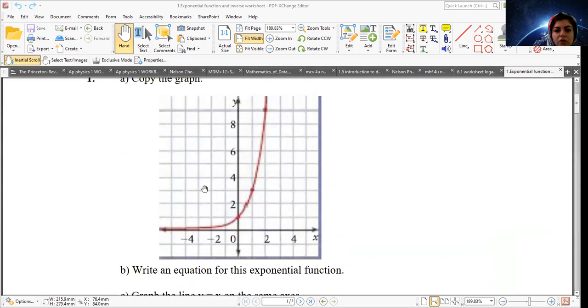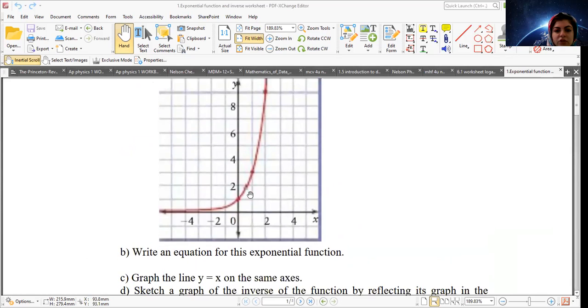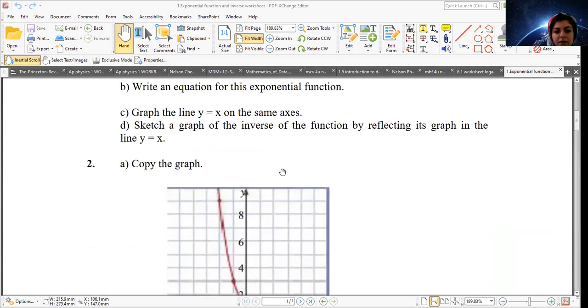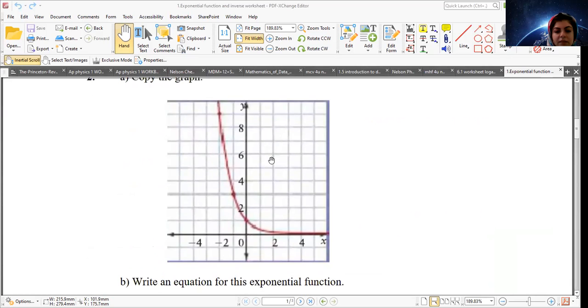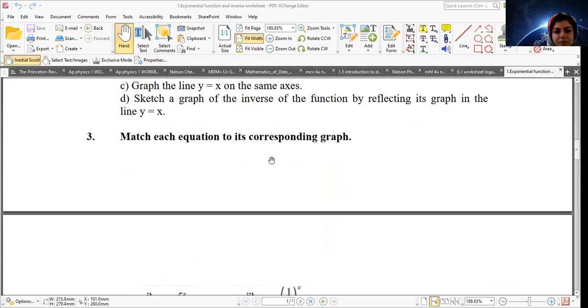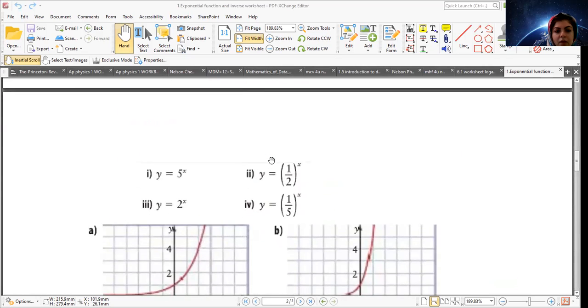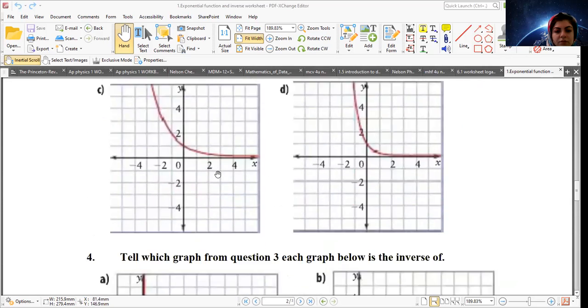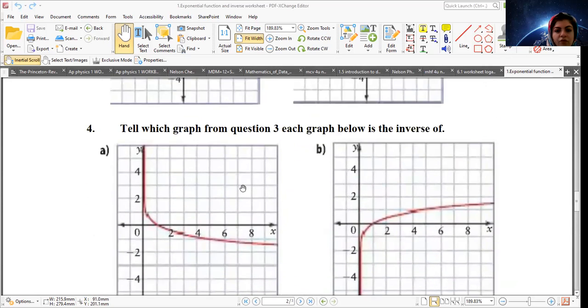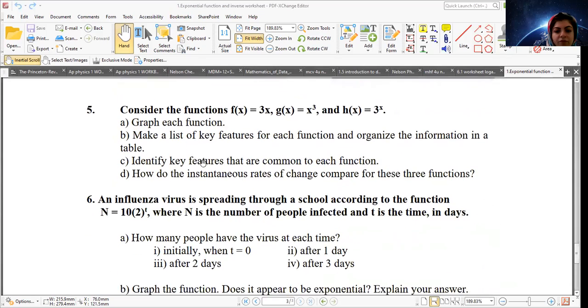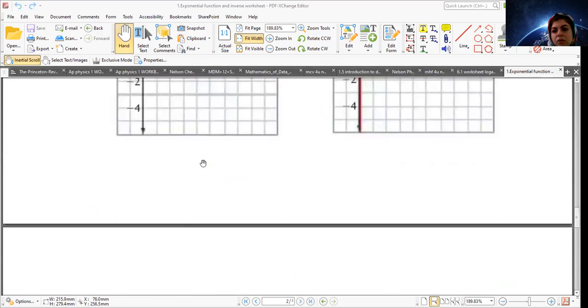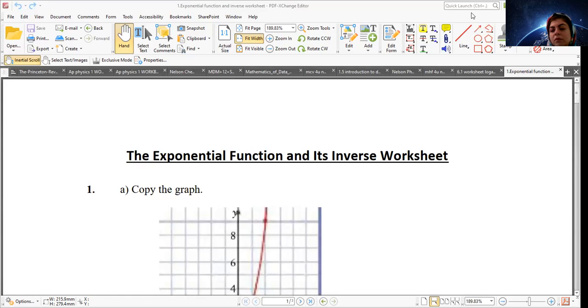You need to find the inverse of that. Just take a point and switch x and y, graph it, and then you need to give me the equation of the graph. The same thing for question number 2. You do question number 3, 4, 5, and 6. Guys, all of these worksheets you do right now.